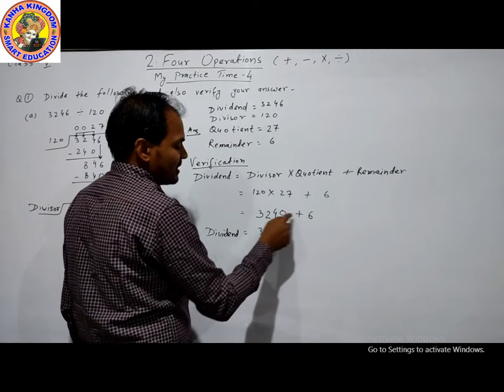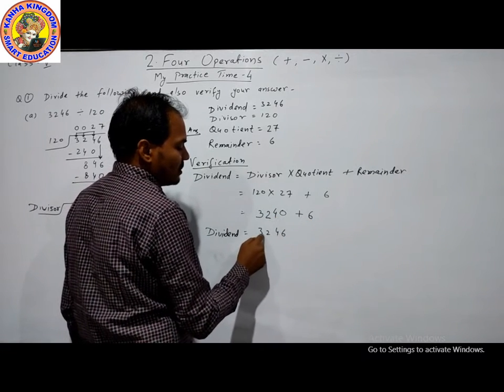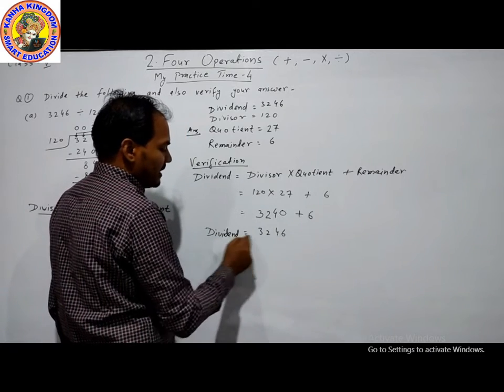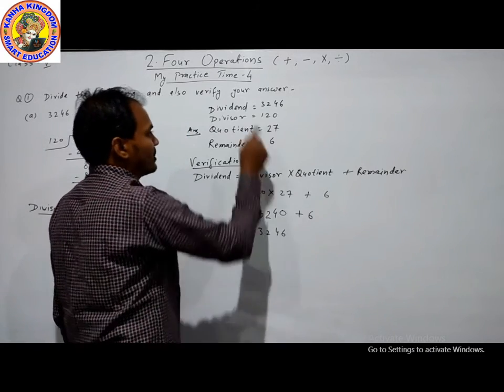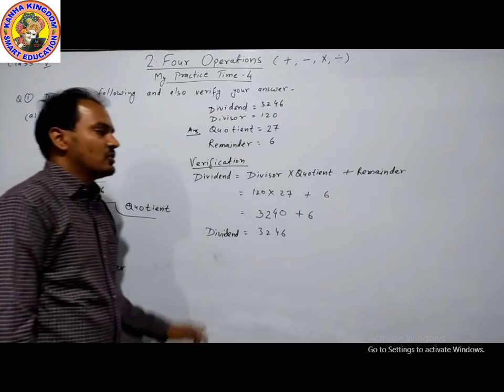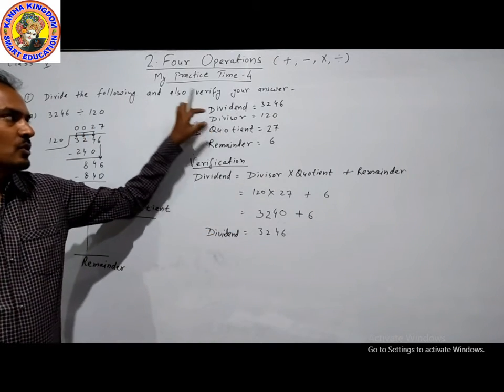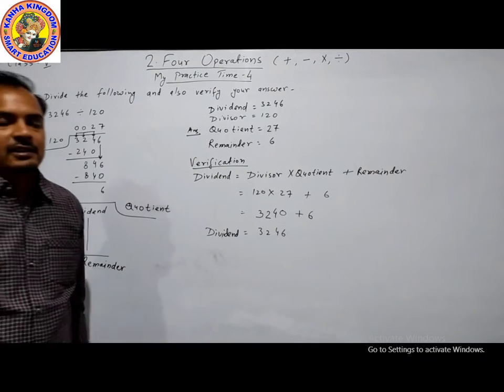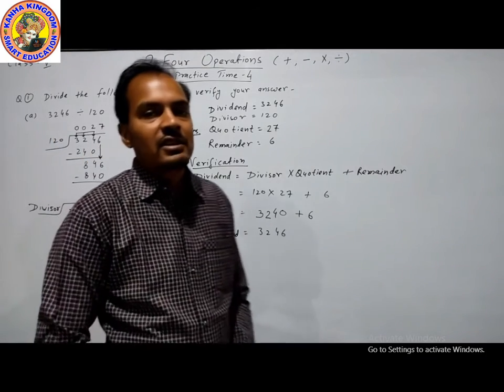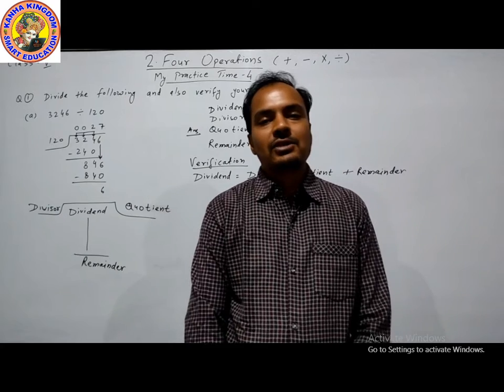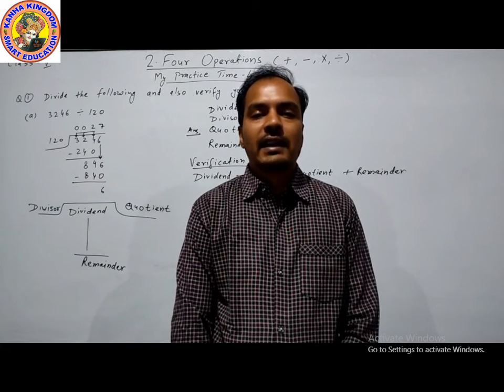Now plus 6, the answer is 3246. So the dividend is equal to 3246. The dividends are the same, so our answer is correct. This is our verification step. You can take a screenshot of this. We will move to our next question.